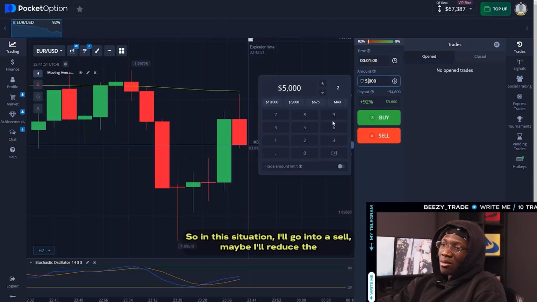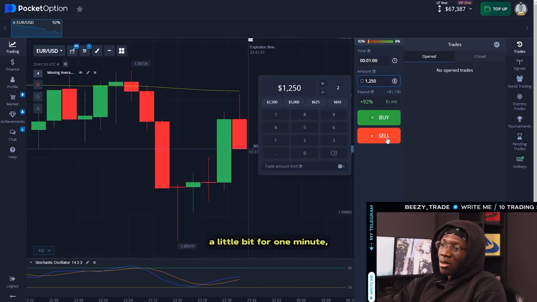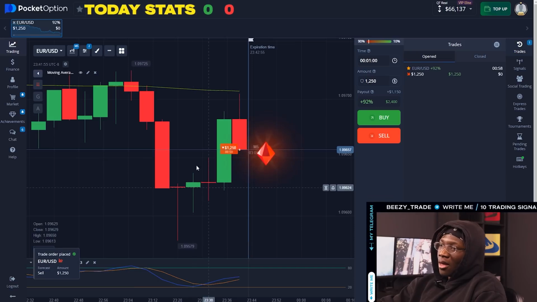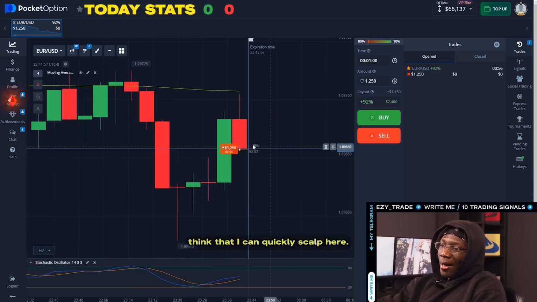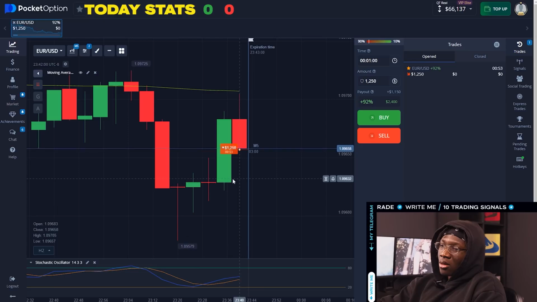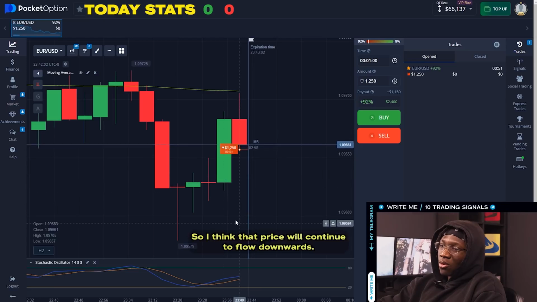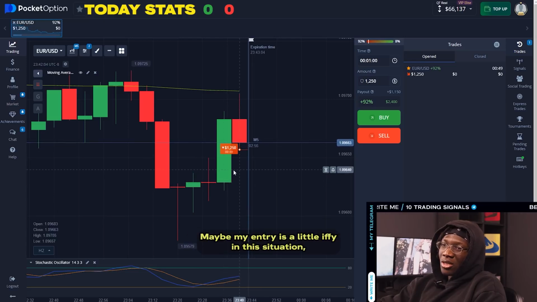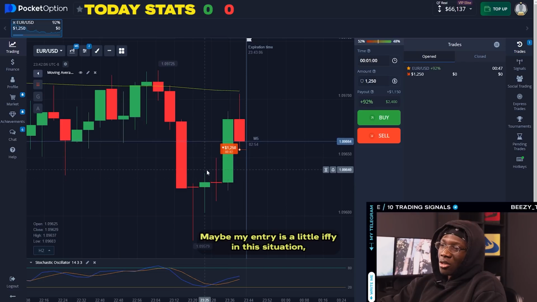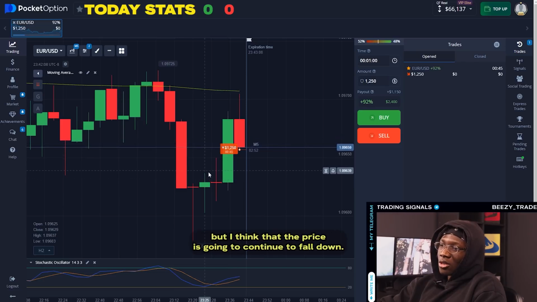Maybe I'll reduce that a little bit for 1 minute, because I really think that I could quickly scalp here. So I think that price will continue to flow downwards. Maybe my entry is a little iffy in this situation, but I think the price is going to continue to fall down.